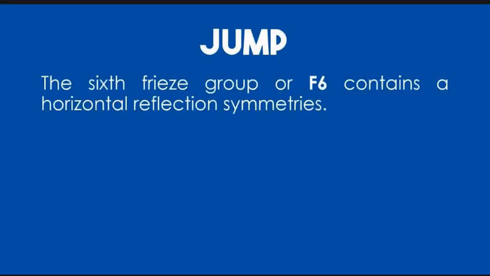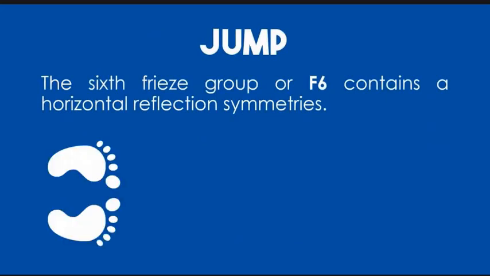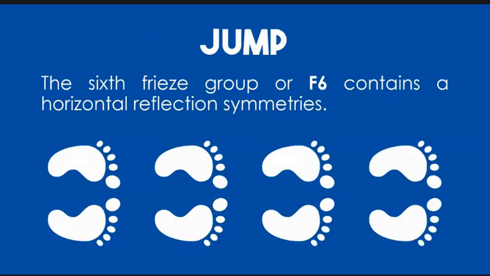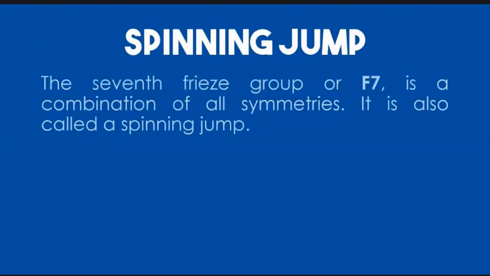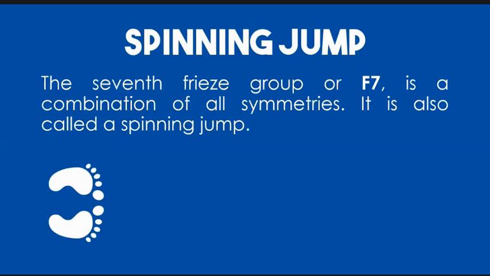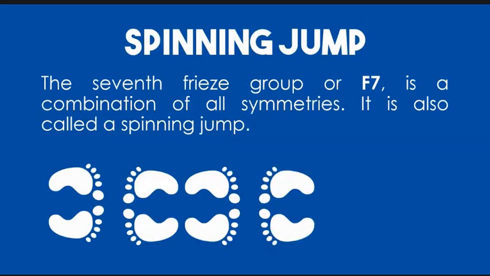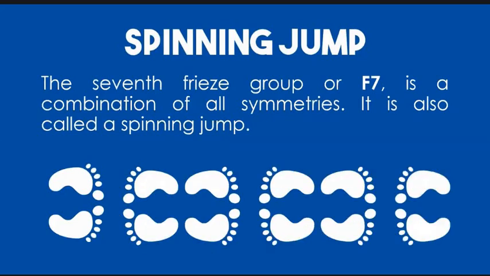The sixth pattern is what we call jump, which contains a horizontal reflection symmetry. Lastly, the Frieze pattern was a combination of all symmetries. It was called a spinning jump. Let us all hear Miss Sophia Manson's voice to explain more about examples and other stuff.